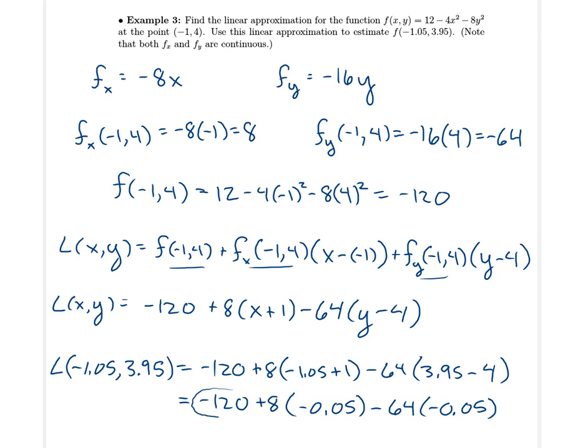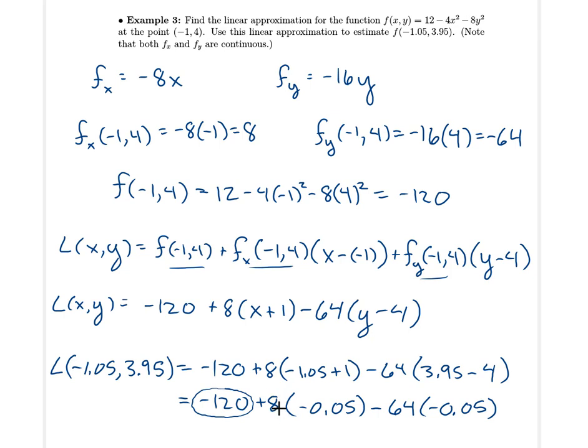This is the function value at x equals negative 1, y equals 4. We are moving just a little bit away. We're moving 0.05 away in the x direction and 0.05 away in the y direction. And then these partial derivatives tell me, okay, if you move a little bit in the x, what is the rate at which you should be changing your z value?